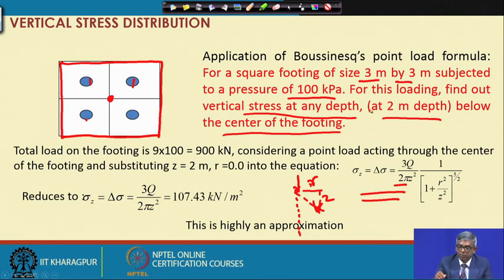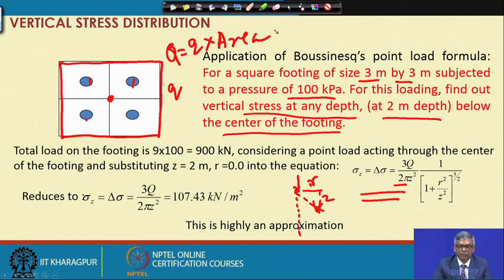Now if I want to use the point load formula with this equation, what can I do? In this footing the pressure intensity q is 100 kPa acting, that is small q, whereas capital Q we can imagine as q into area.